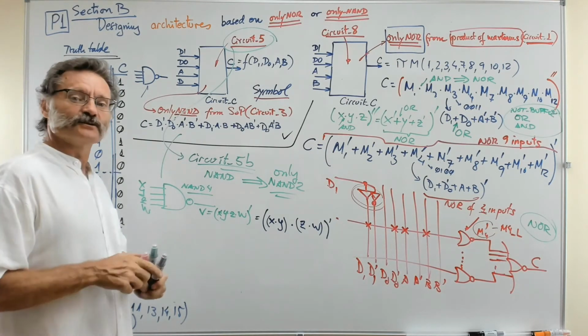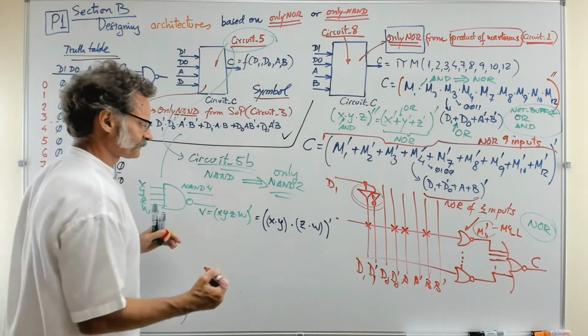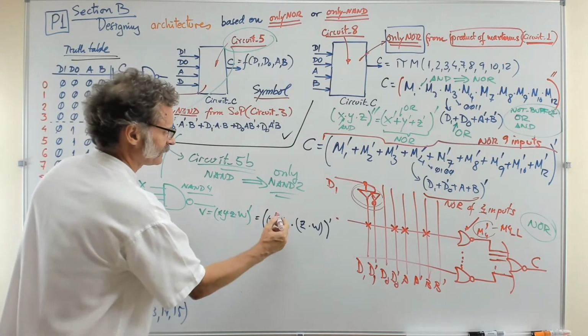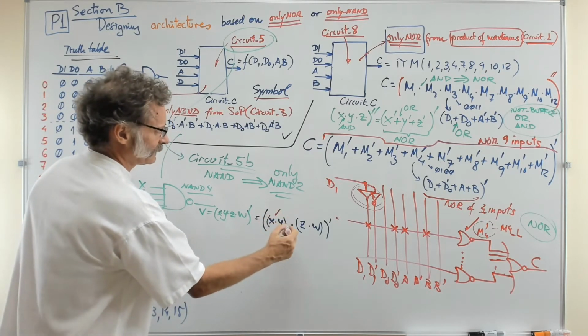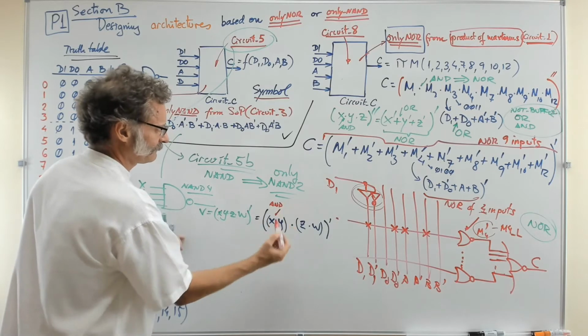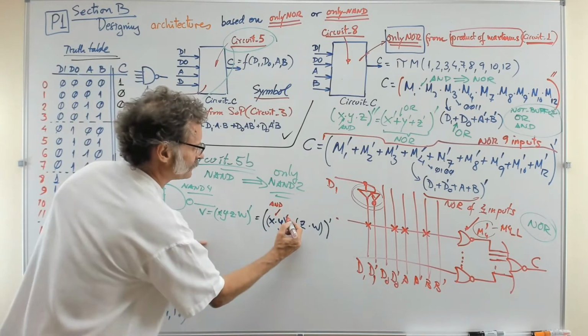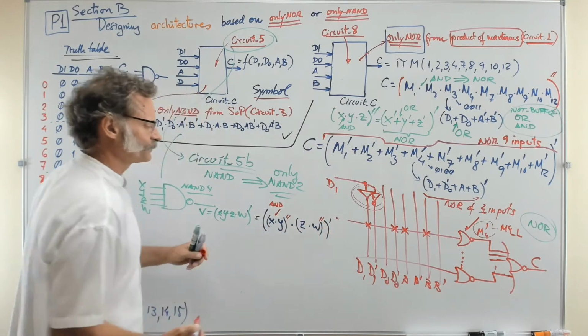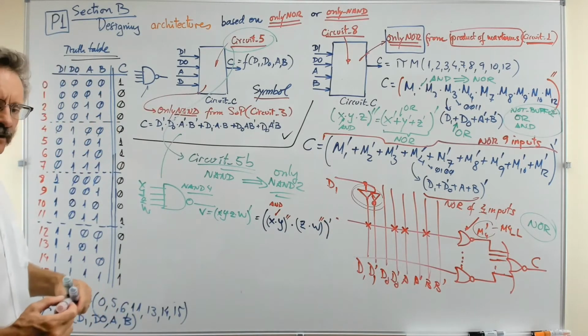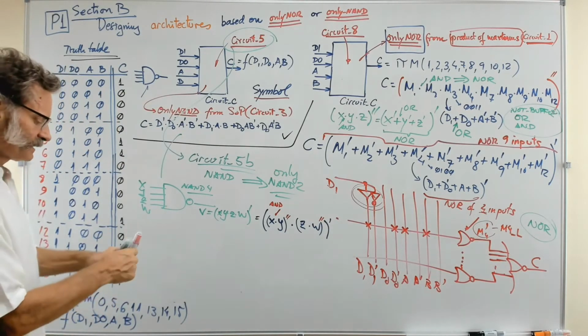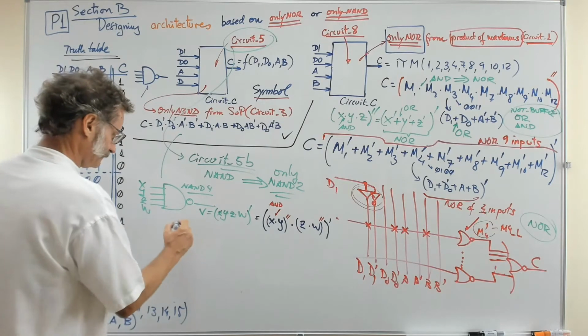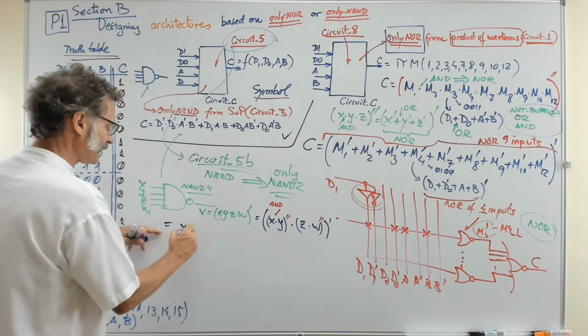And I can do something else now, because this is an AND. So what if I NOT every one of those two terms? Nothing happens, you see. I complicate the circuit like this. So that is finally X and Y.